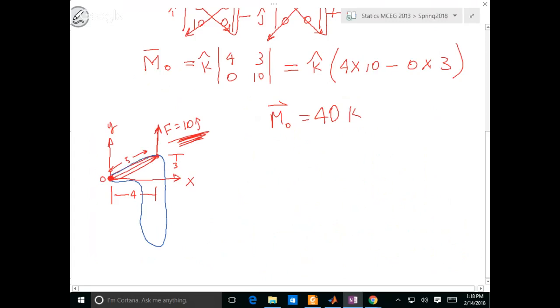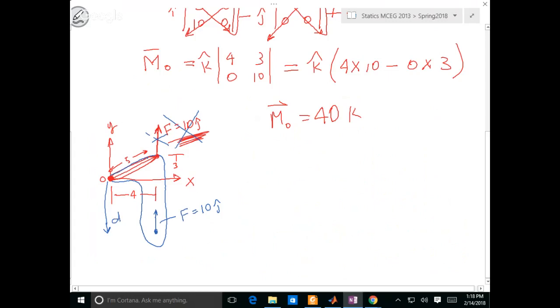So now you have a blue wrench, and you decide to go down here at this point and push it like that. So now you're not putting it here, you're putting it here. F is equal to 10J. And I'll say now that this distance down here, just call it D.